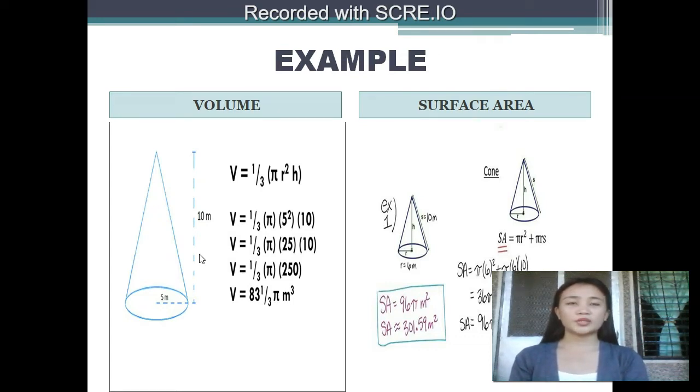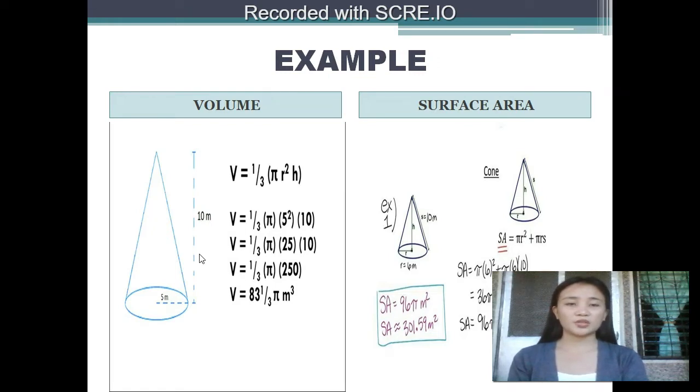Now let's proceed to the surface area of a cone. So our cone measures, the radius is 6 meter and its height is 10 meter. So we have the formula of the surface area, base plus LSA, or pi r squared plus pi rs.